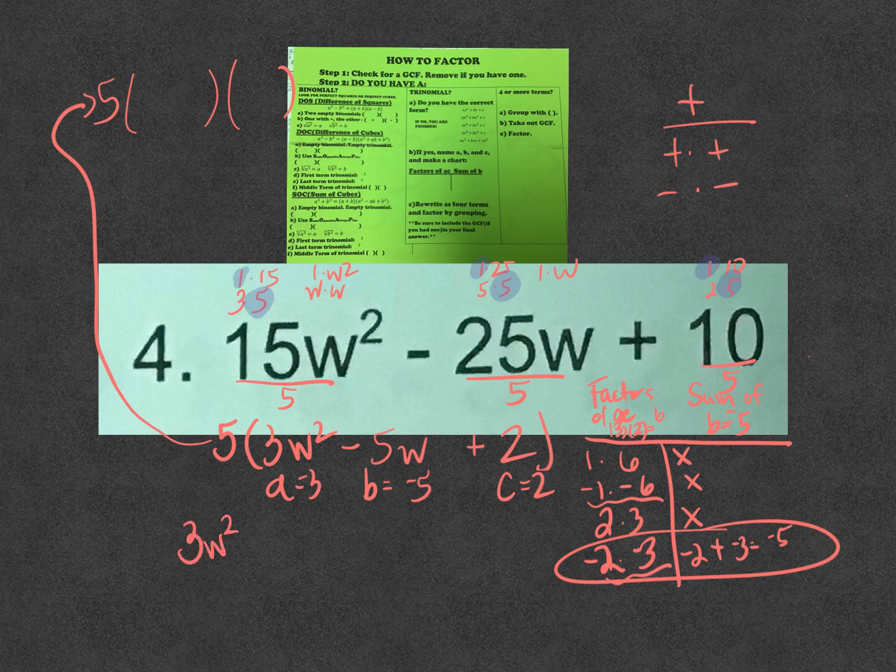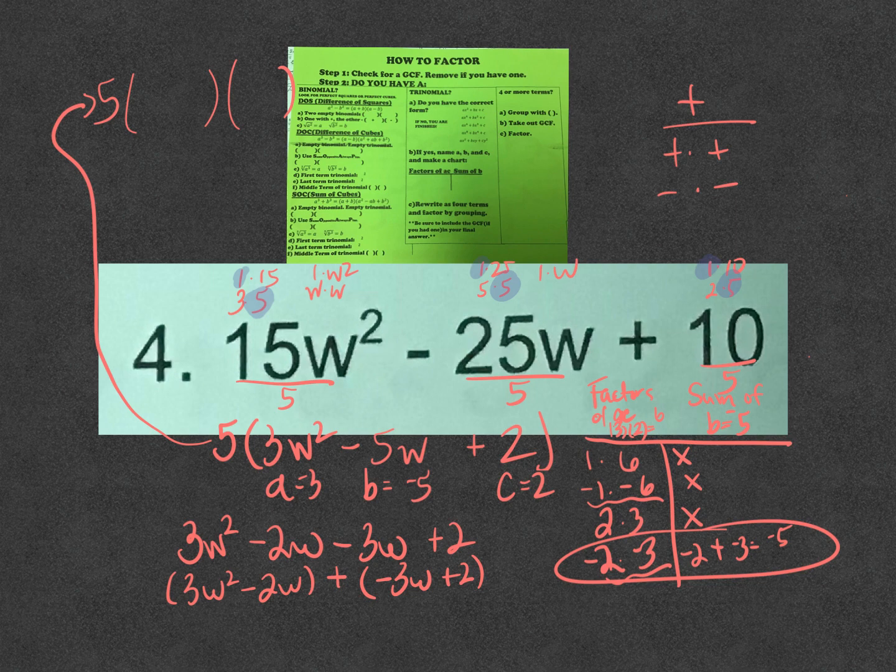Negative 5w is replaced with negative 2w and negative 3w, and I'm going to keep positive 2. Next, I am going to group the first two together, 3w squared minus 2w. I'm going to put a plus sign and group negative 3w plus 2.